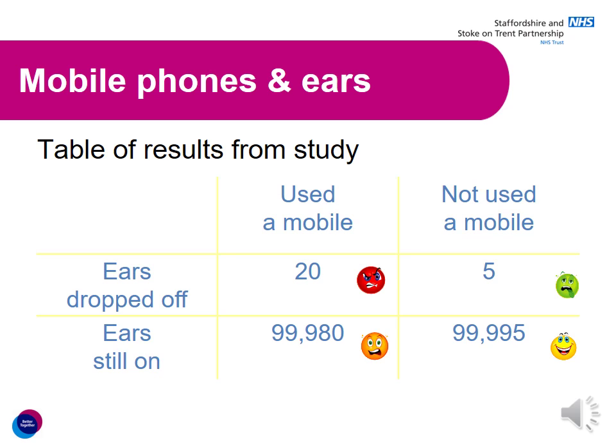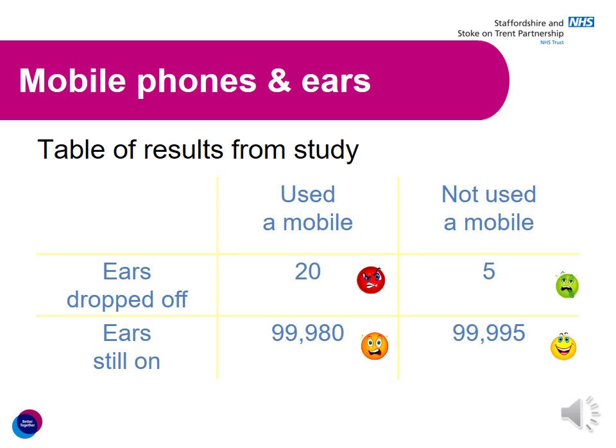So in our fictional example that we've referenced earlier, we have the results from this imaginary perfect study that's been done. And this talks about whether using a mobile phone will mean that your ears drop off. Now, of course, this is fictional. No mobile phones were harmed in the making of this study.